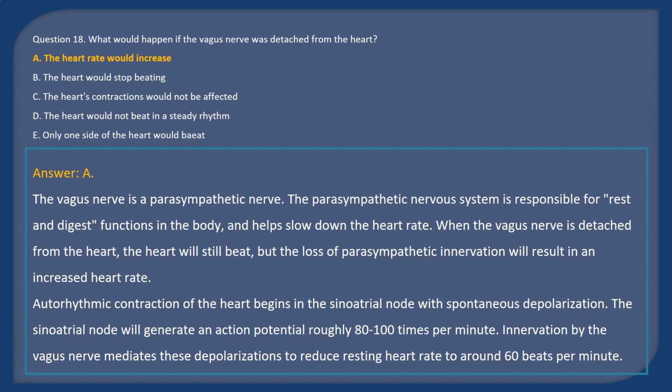Autorhythmic contraction of the heart begins in the sinoatrial node with spontaneous depolarization. The sinoatrial node will generate an action potential roughly 80 to 100 times per minute. Innervation by the vagus nerve mediates these depolarizations to reduce resting heart rate to around 60 beats per minute.